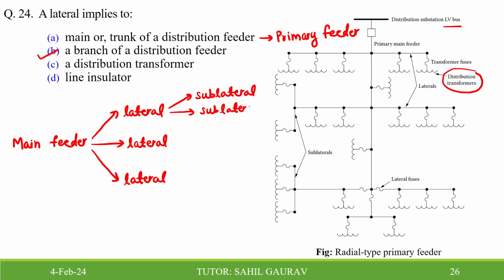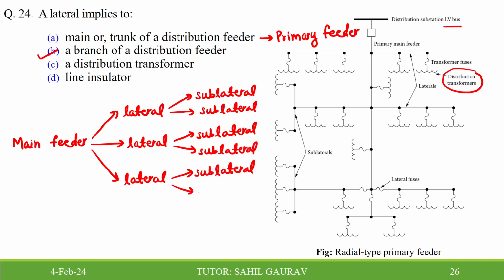There may be one, two, three levels depending upon the design of the distribution system, and these sublaterals are connected to distribution transformers. So that is the general layout of a primary distribution system.